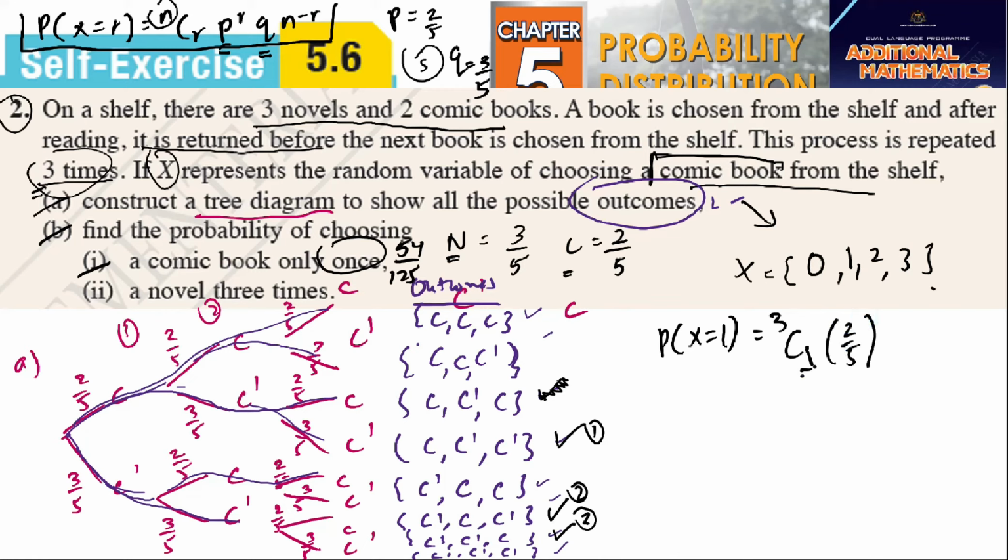The power is 1, because R is 1, and then you have 3 over 5, the power is 3 minus 1 is 2, right? So you will get 54 over 125, which is similar to when you calculate from the tree diagram. But obviously this one is the easier one, but you can use either one. Okay.